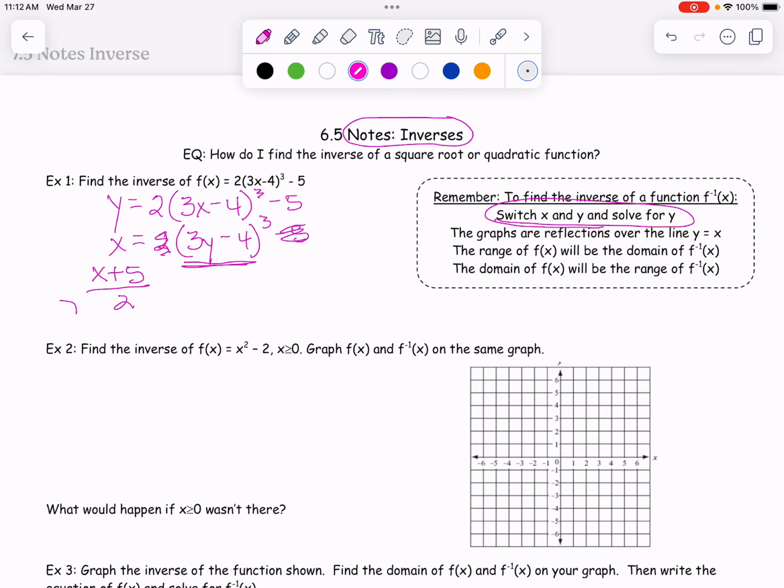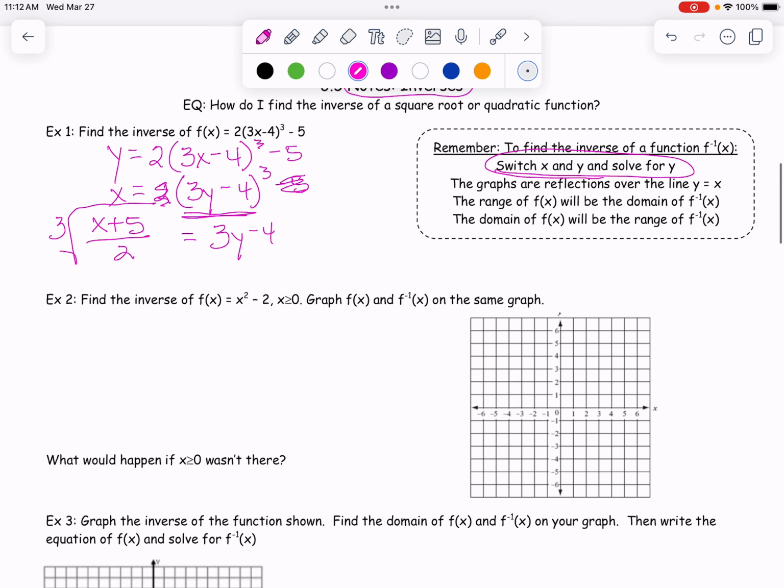So I'm going to take the cube root. So I'm left with 3y minus 4. I'm going to add 4, which would be cube root x plus 5 over 2. I'm going to add 4. And then I have to divide everything by 3.